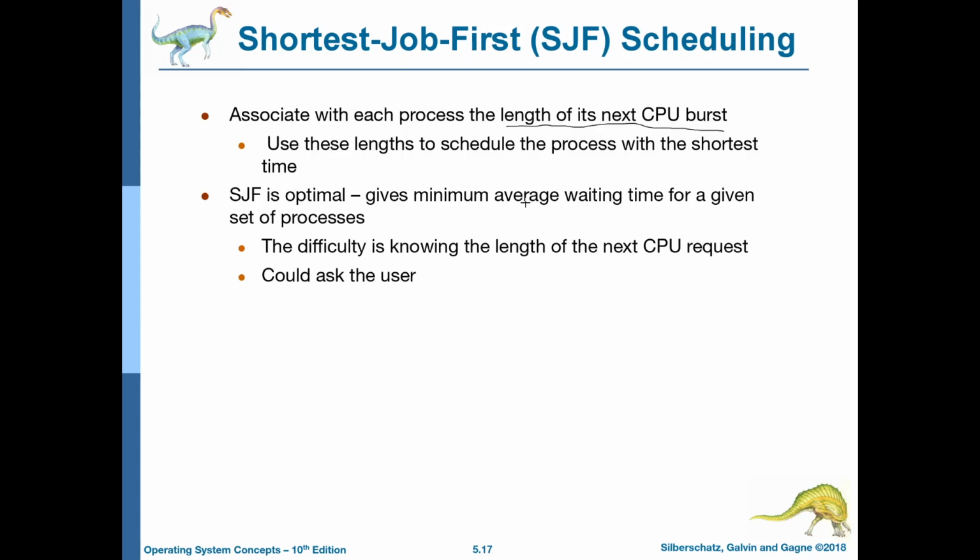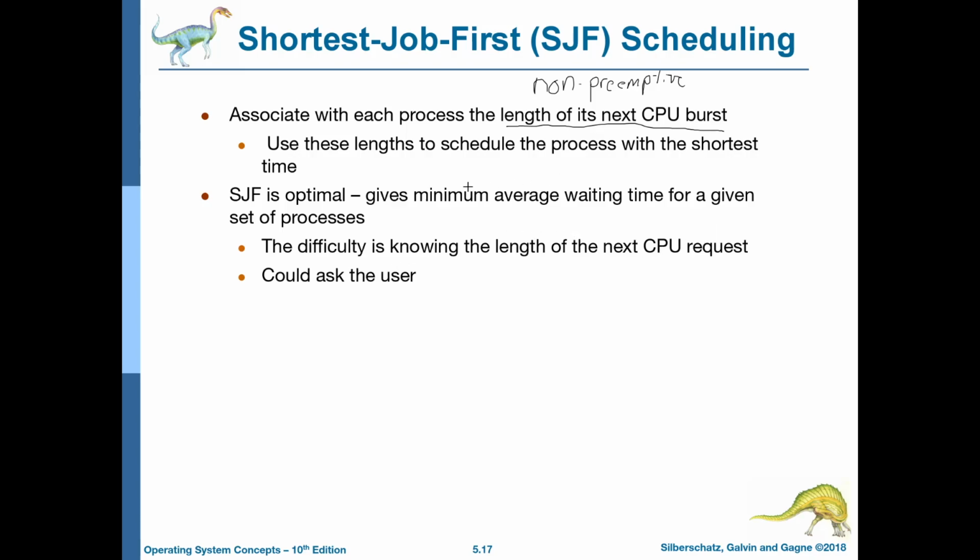And especially in a non-preemptive system, which shortest job first is. So let's go ahead and mark that up. This is a non-preemptive scheduler, meaning that the scheduler lets each job run to its completion. Each CPU burst can run to its completion.